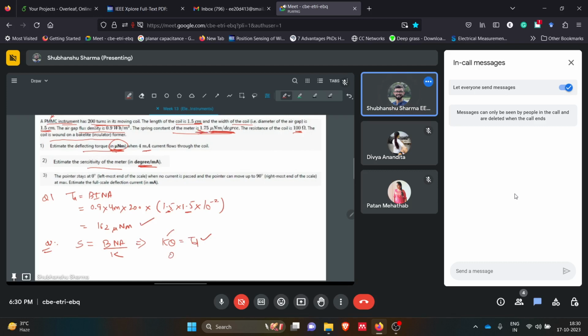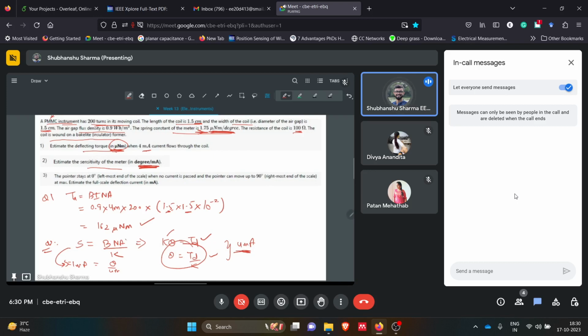So theta is T_D by K. This is for 4 milliamperes of current. So theta per milliampere, for 1 milliampere, will be theta by 4 milli. This is also equal to sensitivity. Basically, for 1 milliampere, how many degrees of change is observed is the sensitivity of that meter.